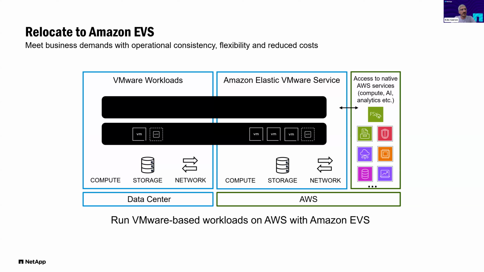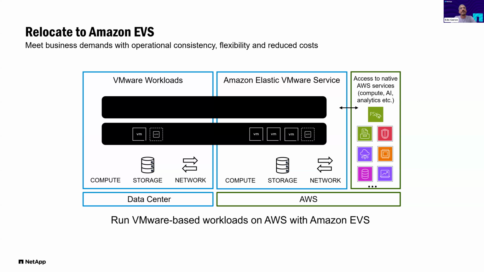Getting a bit into the details, VMware has announced a change in their licensing policy at the latest VMware Explore event. And from that point moving forward, hyperscalers will no longer resell a licensed solution within their cloud environment.